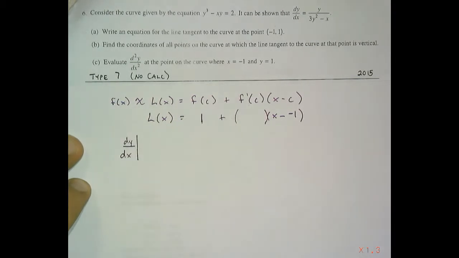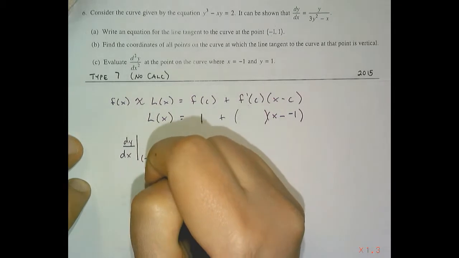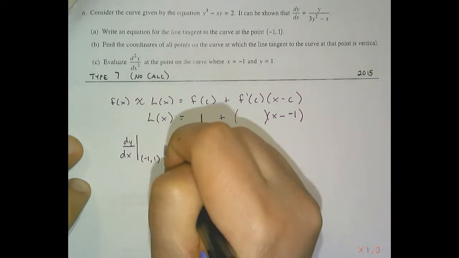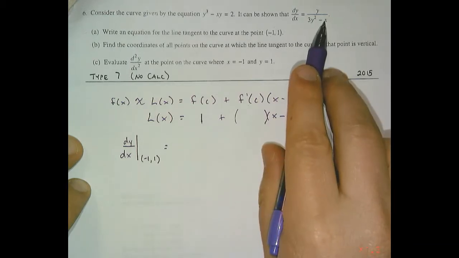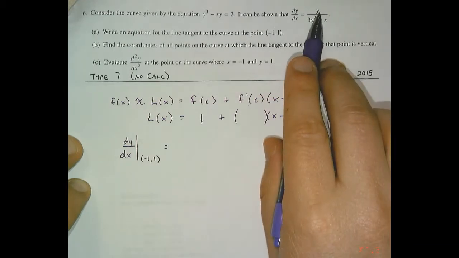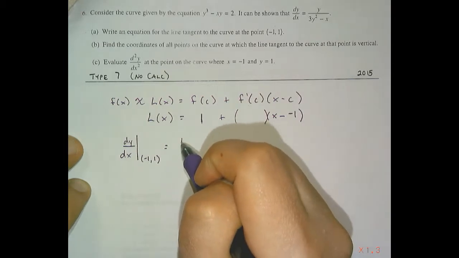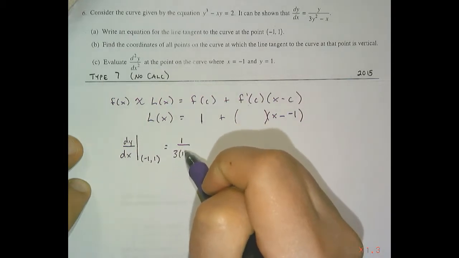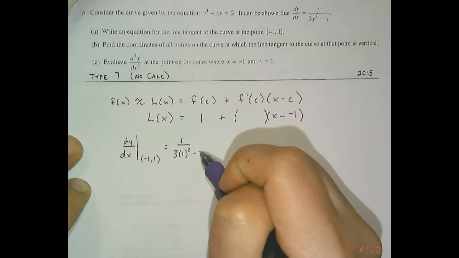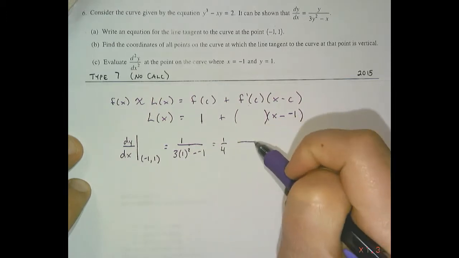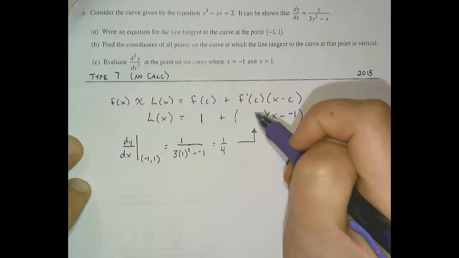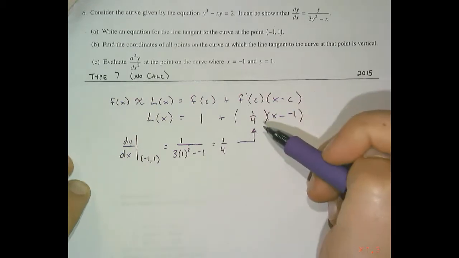You're calculating your slope at the coordinate negative 1, comma 1, which means you're sticking negative 1 in for x and 1 in for y. If you do that, you would get 1 over 3 times 1 squared minus negative 1, which equals 1/4. And that's the number that goes in for our slope, 1/4.